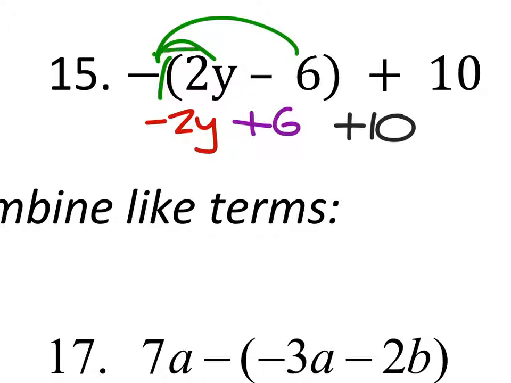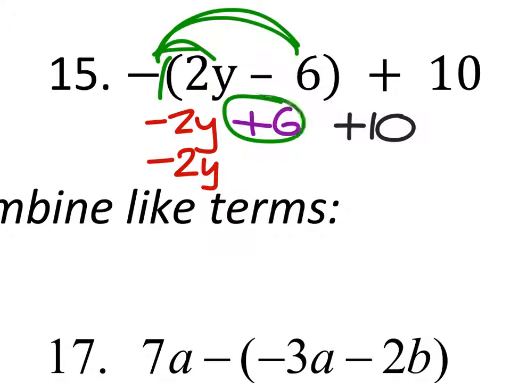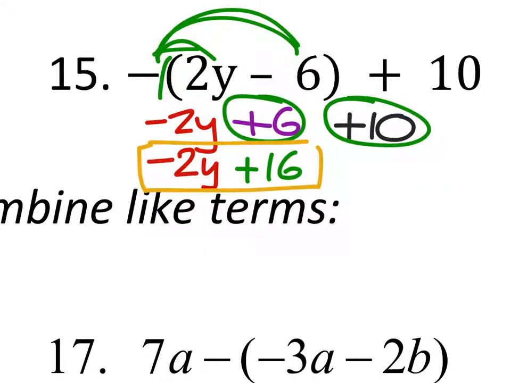And negative 1 times 2y will still give us that negative 2y. Negative 1 times negative 6 is positive 6. So no matter which way you do it, it will work. The negative 2y has no other terms to combine with, but I've got this 6 and then this plus 10, which when I combine I get positive 16. And that would be the simplified form.